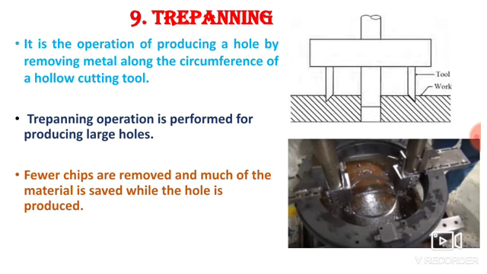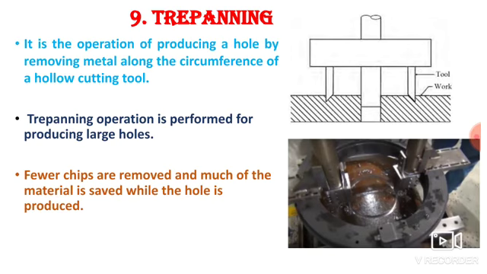Now suppose we want to drill a hole with, say, a 500 mm diameter. It is not possible to drill a hole with 500 mm diameter by using a drill bit, because then we would have to manufacture a drill bit with 500 mm diameter, which is not possible practically. So for this purpose we can perform a trepanning operation.